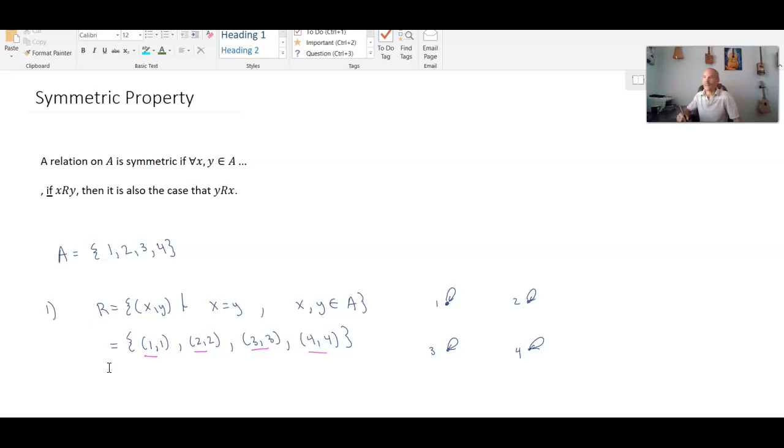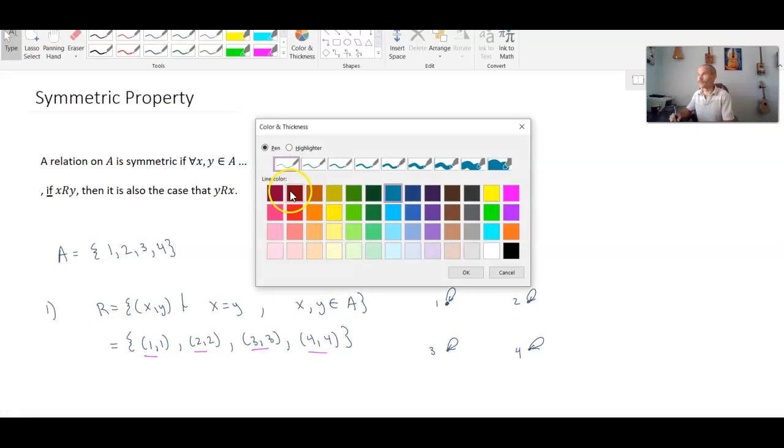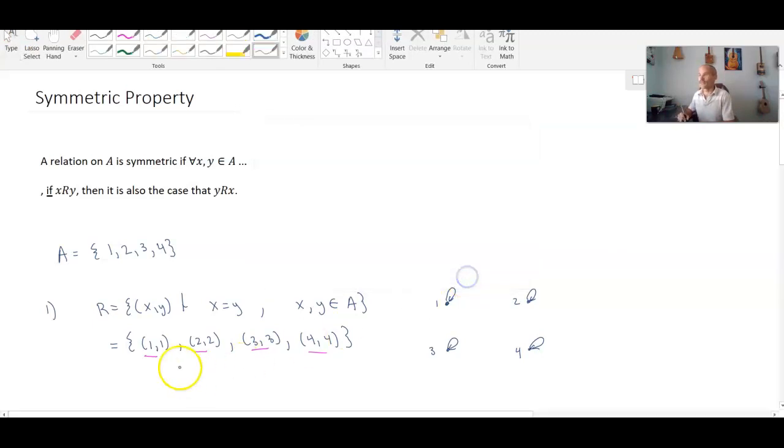So since that's not the case for any of the elements in set A, we would say that there's no violation of this principle, and therefore we could argue the following. We could say, since an element only relates to itself, R has the symmetric property.